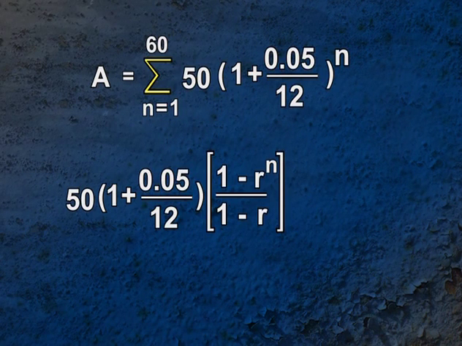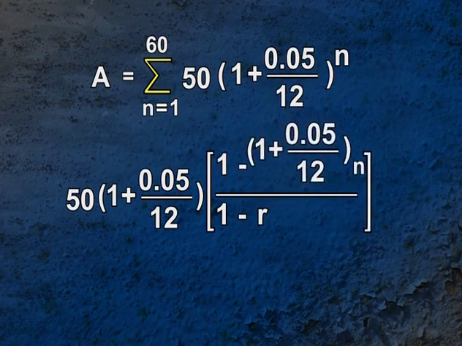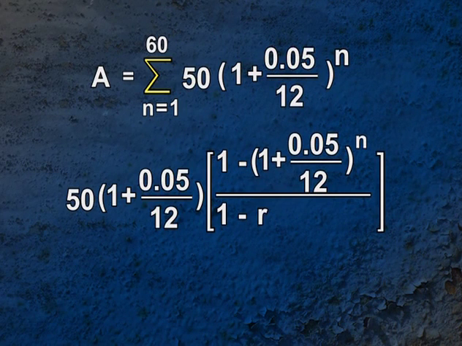Now in the bracket, the r value is simply the base of our counting mechanism. So in this case, r is 1 plus 5/100ths over 12. Now notice the n. The n involved here, in the formula, is the number of items we're counting. And in the equation above, the n stood for the counting mechanism.